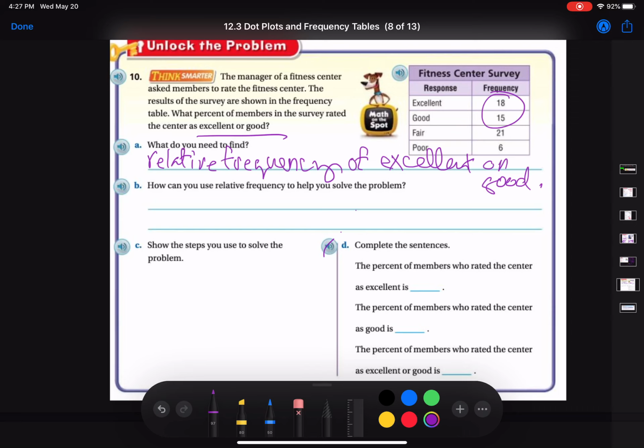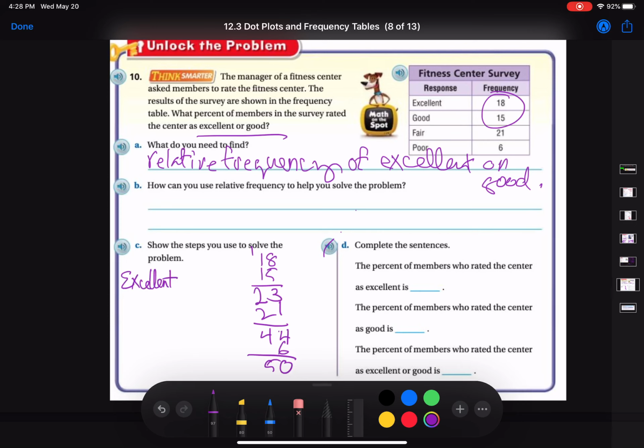All right, so the first thing you want to do is add this up: the 18, the 15, 21, and 6. So you've got 18 and 15, that's going to be 33, and then we have 21, which is going to give us 54 plus 6, which is going to give us 60.